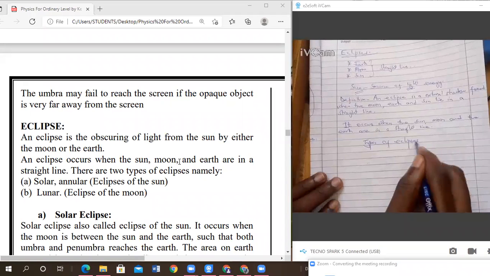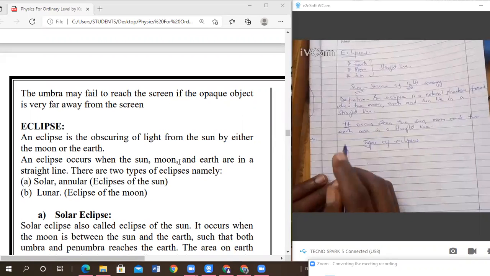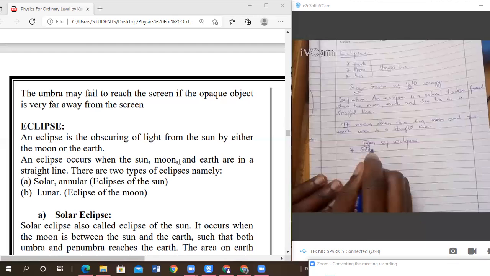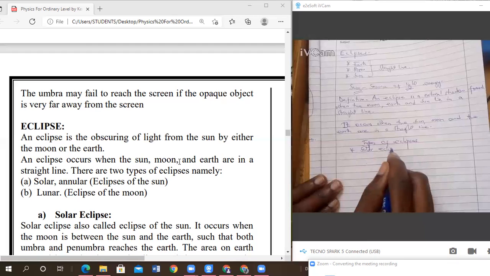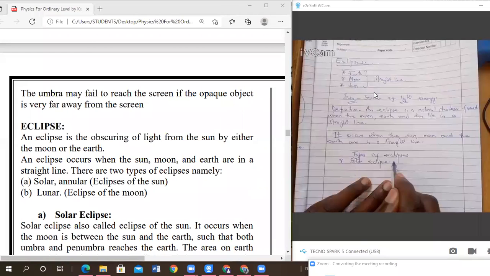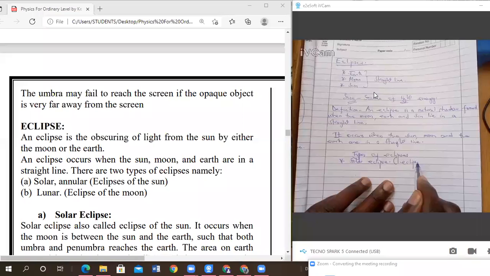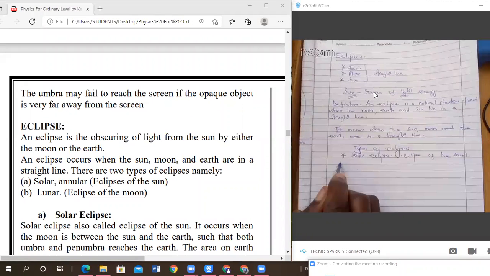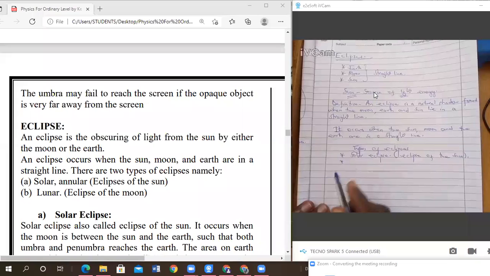We have what we call the solar eclipse, which we sometimes call the eclipse of the sun. Then we also have what we call the lunar eclipse.